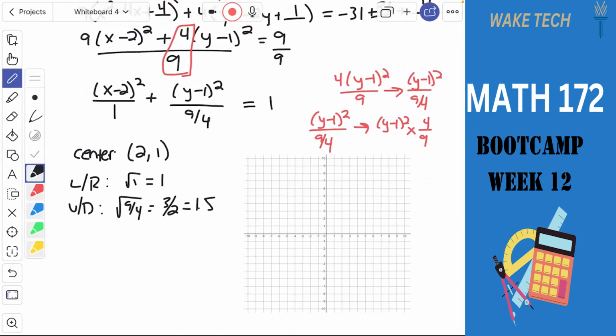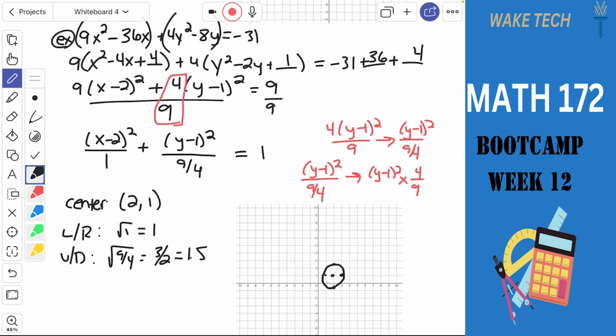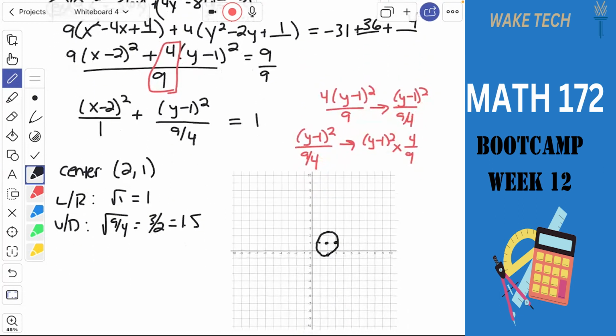So the center is (2, 1), left and right 1, up and down 1.5. Questions about that one?